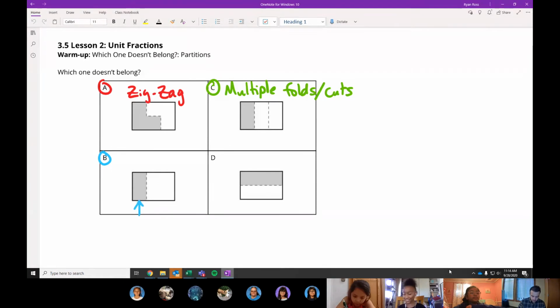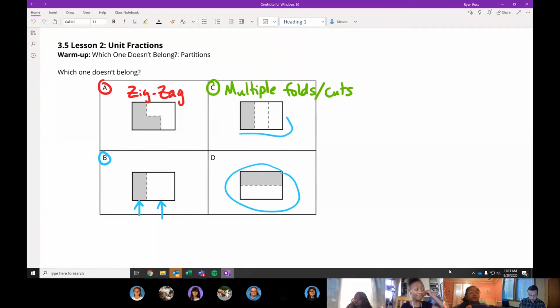What do you know about the areas of the shaded region and unshaded region? Are they the same or are they different? They are the same. No, they're different. They're different. And what do you notice about the areas of D and C and A there? Are the shaded regions the same for every cut?